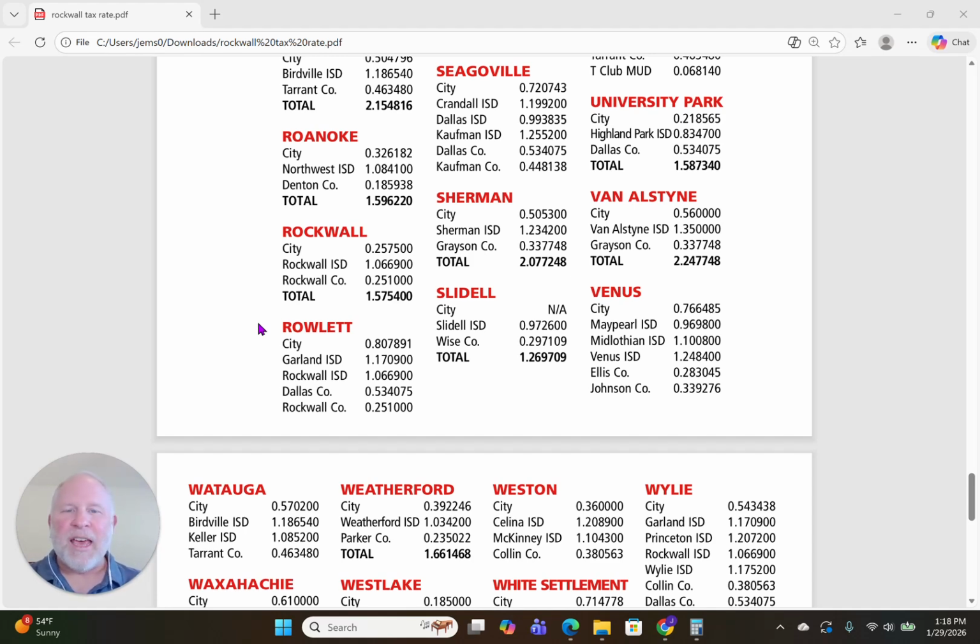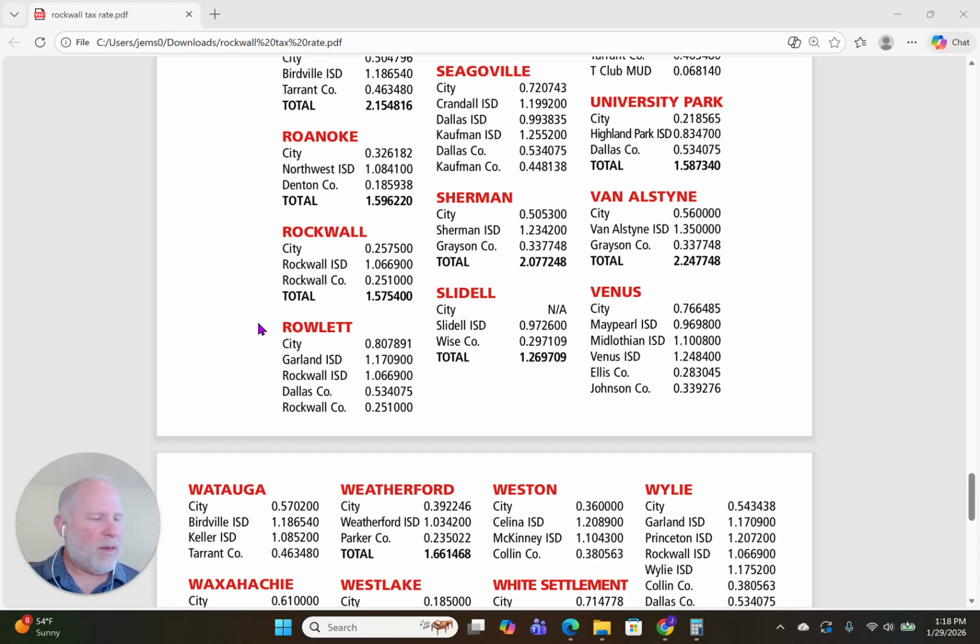So on the high end, Alvarado was the highest city. Forney, Alvarado, and Royce City came in on the high end for independent school districts. And Dallas County was high in the county. Remember, it does include taxes for hospital and community college, but still, they were the highest. And for total was the city of Blue Mound.